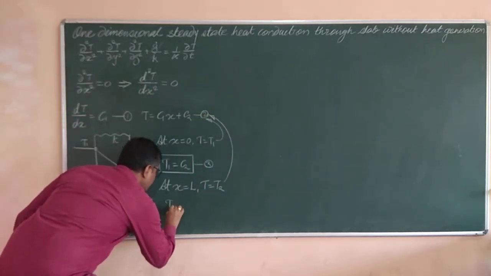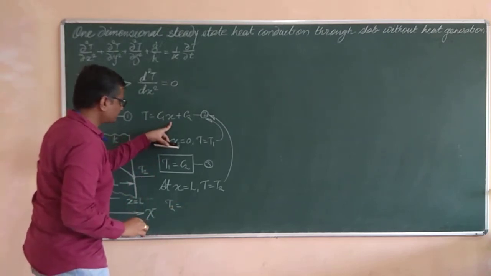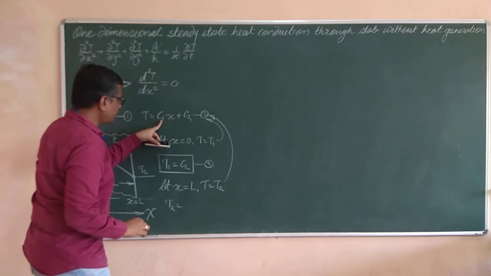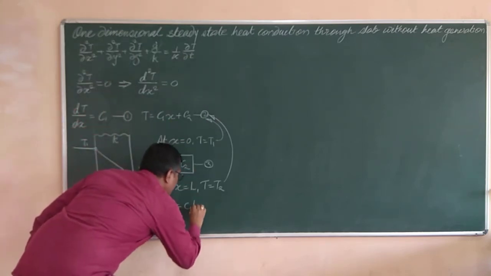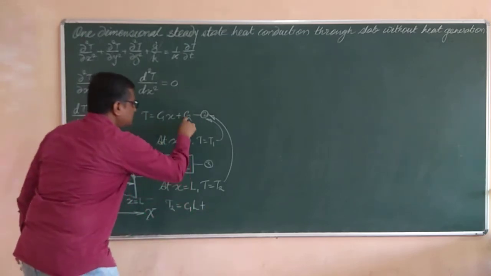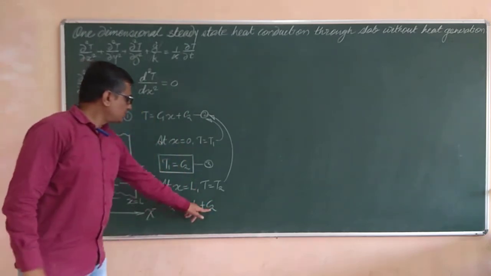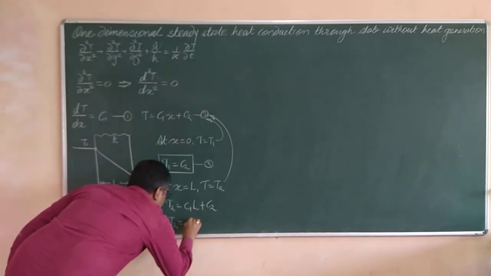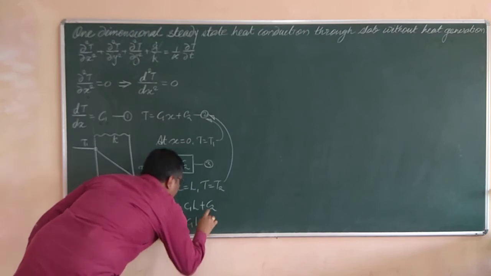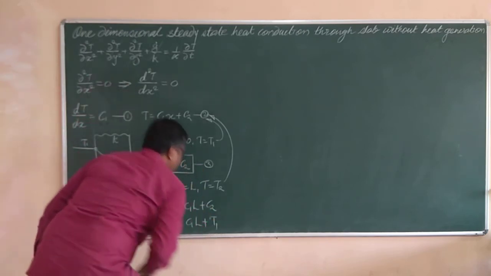T2 is equal to C1 into x, and x over here will be L, plus C2. Let us put the value of C2 over here. T2 equals C1L plus C2, and we already got C2 to be equal to T1.